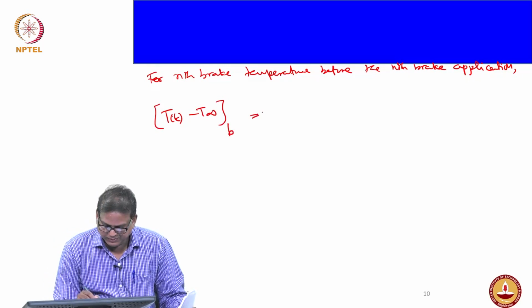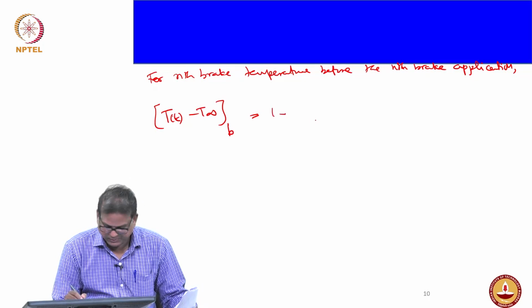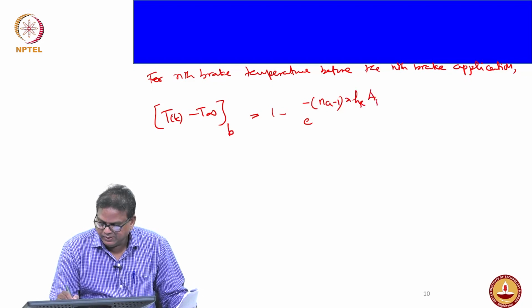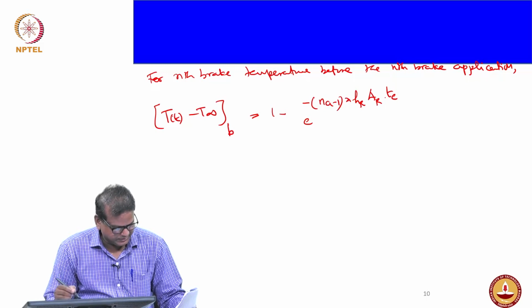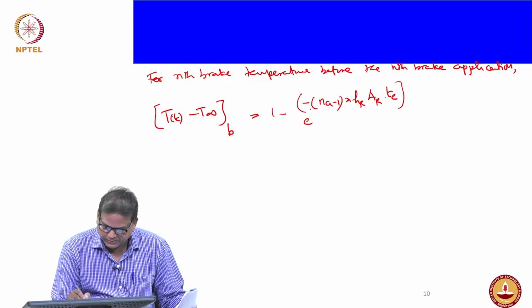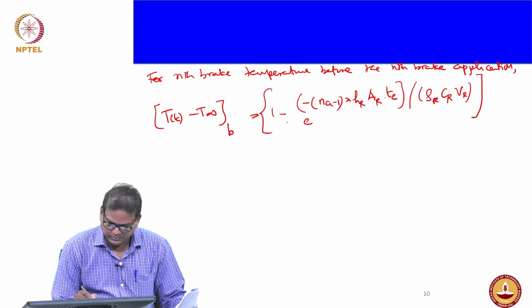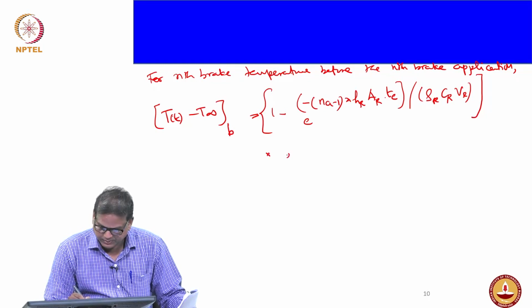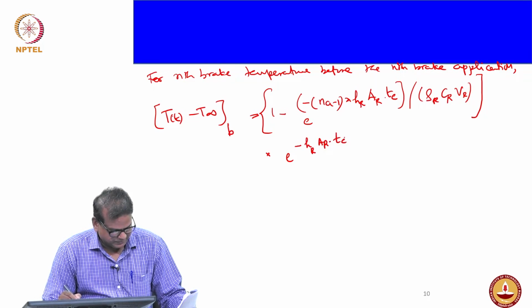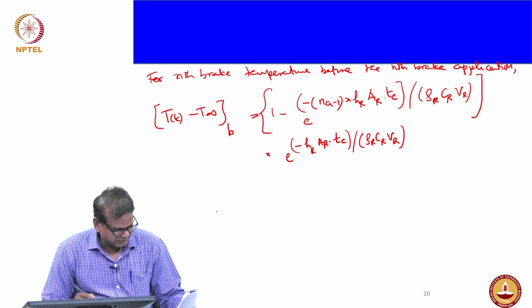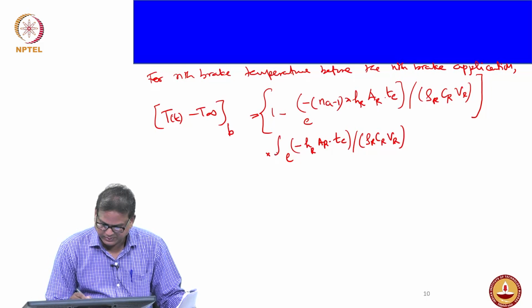It is 1 minus e to the power minus (NA minus 1) times HR AR TC divided by rho R CR VR, multiplied by e to the power minus HR AR TC divided by rho R CR VR. Close the bracket.